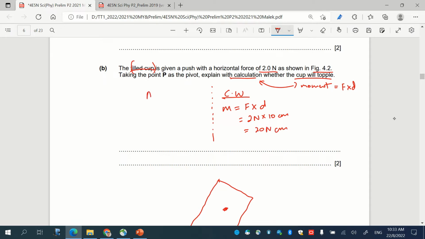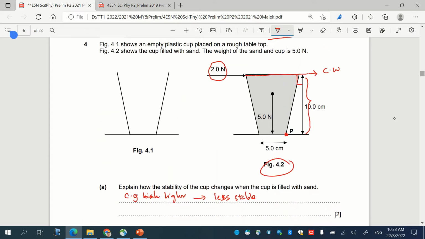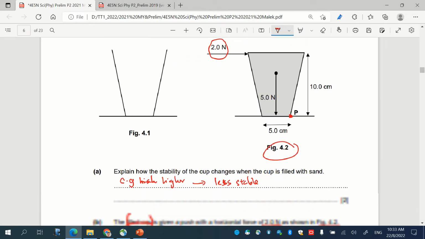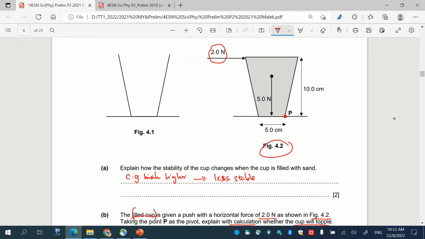Let's calculate the anti-clockwise moment now. Let me erase this. The anti-clockwise moment is caused by this 5 Newton force, because if the cup is tilted, this 5 Newton will pull it back anti-clockwise.